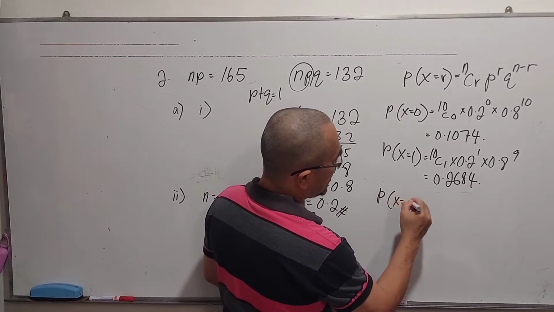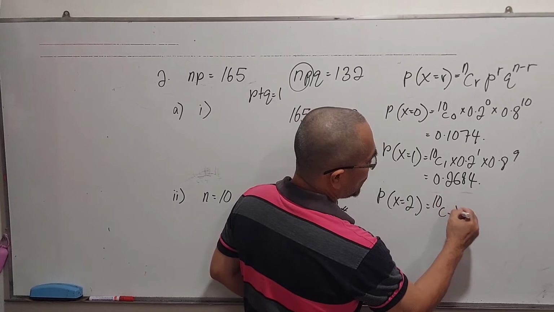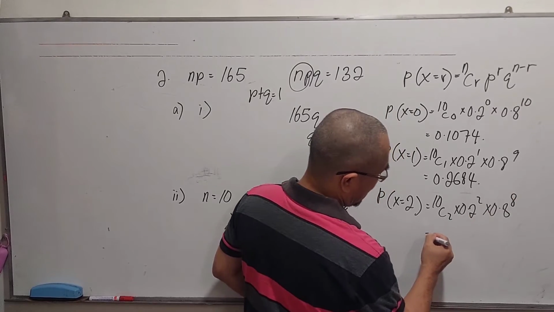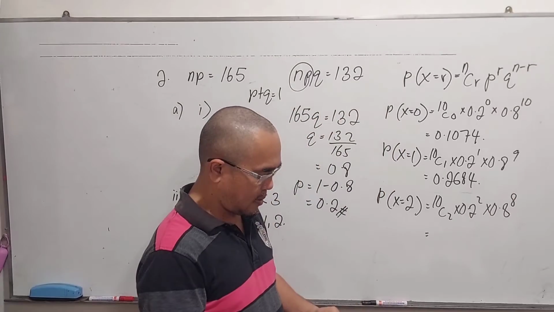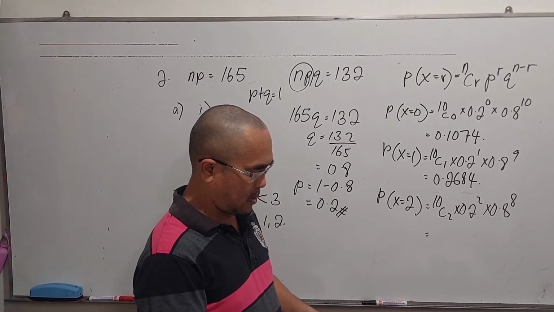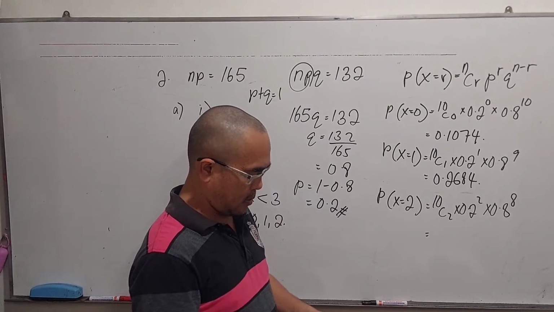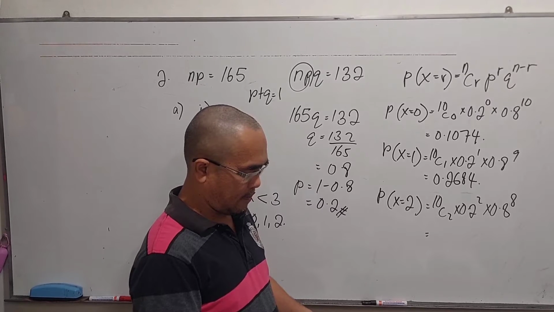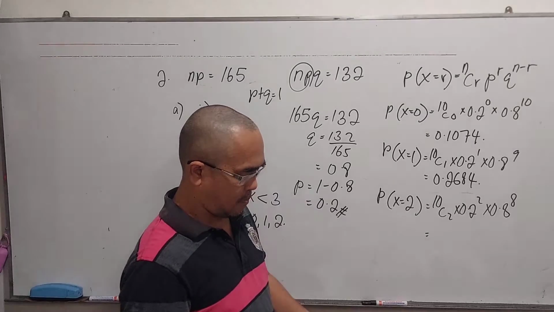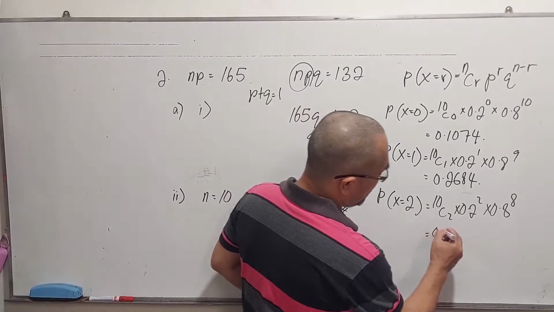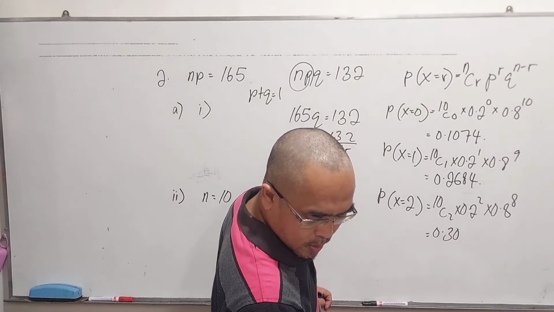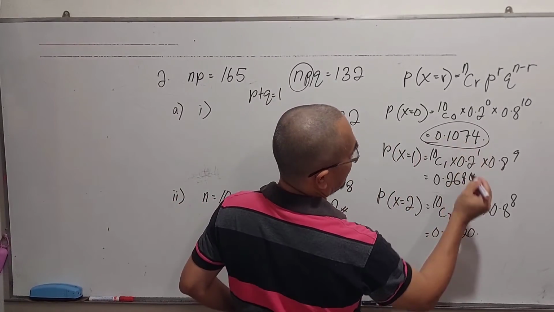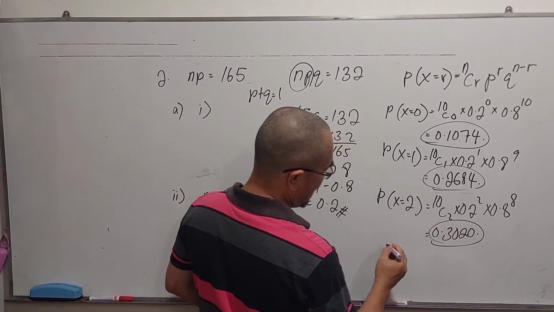Then P(X = 2) equals 10C2 times 0.2 power 2 times 0.8 power 8. Here is 0.3020. So the total will be this plus this plus this.